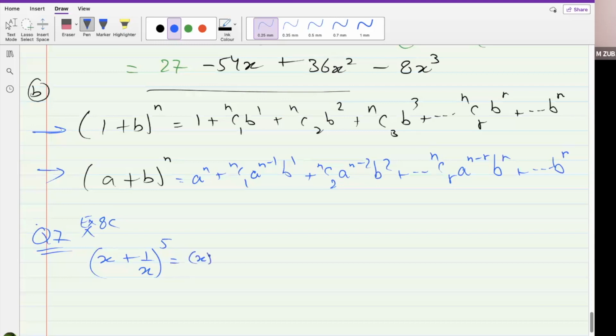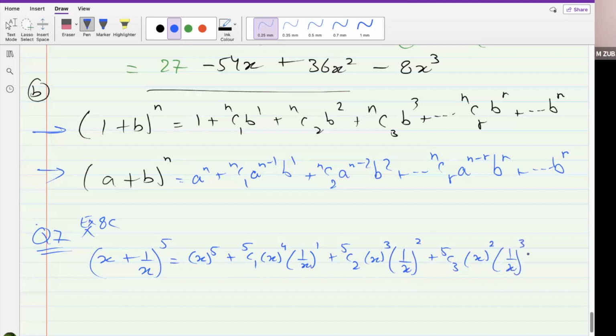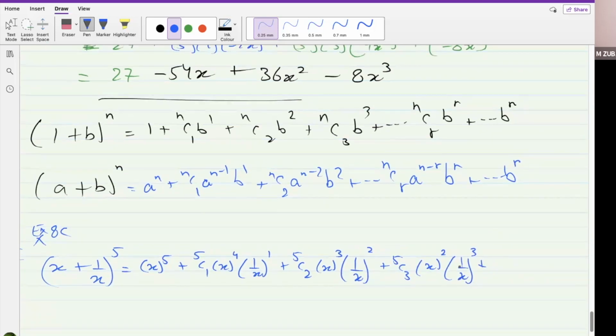So a power 5 plus 5c1, a 5 minus 1, b1 plus 5c2, a 5 minus 2, b2 plus 5c3, a 5 minus 3, b3 plus 5c4, a 5 minus 4 and b4.